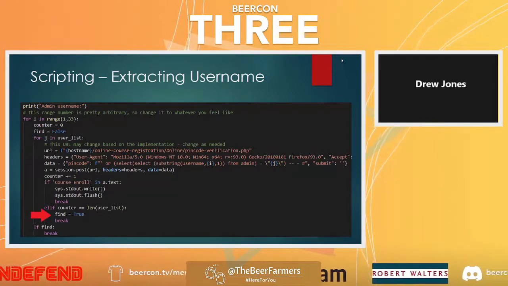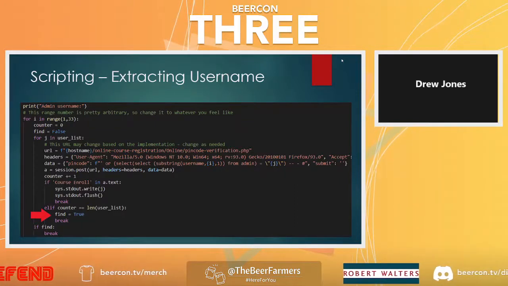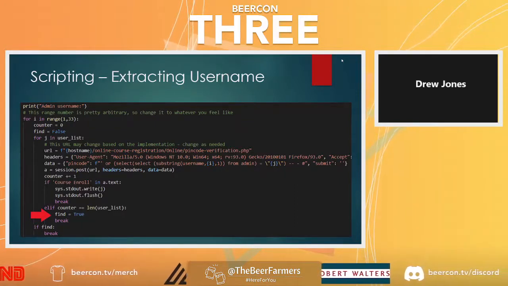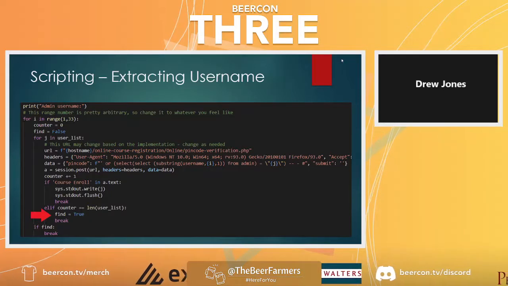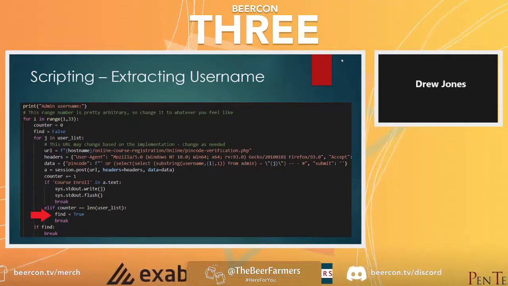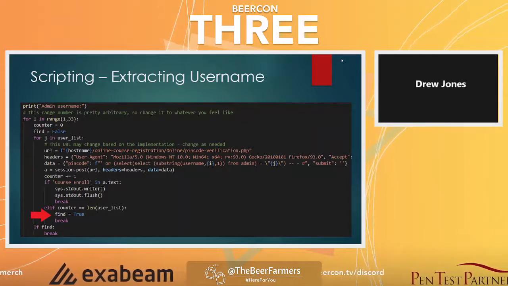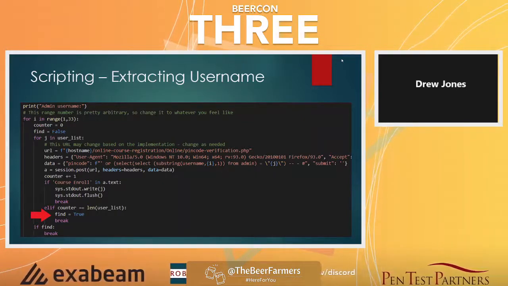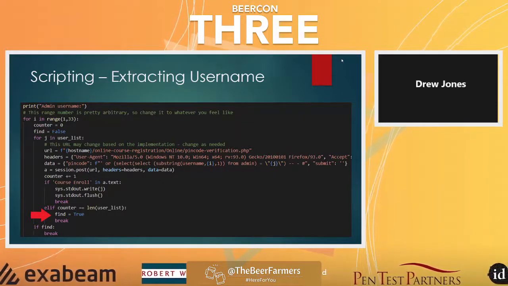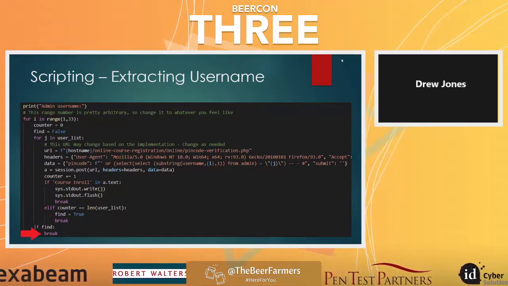Next, we're using a counter, and we're doing if counter equals length of user list. So if the counter we assigned earlier ends up reading all the way through user list, we're changing find to true, and then we're going to break it.